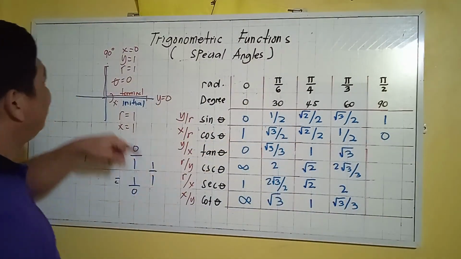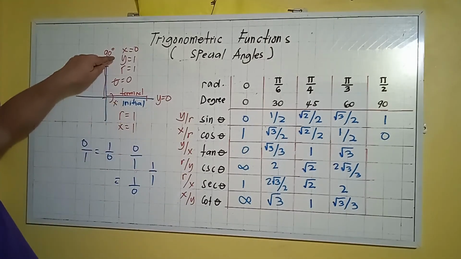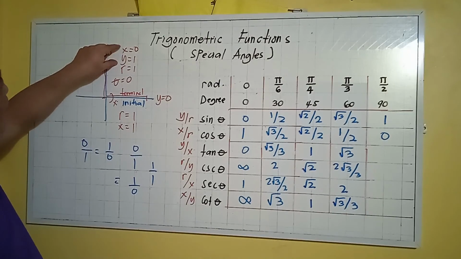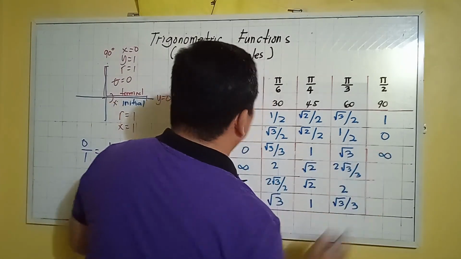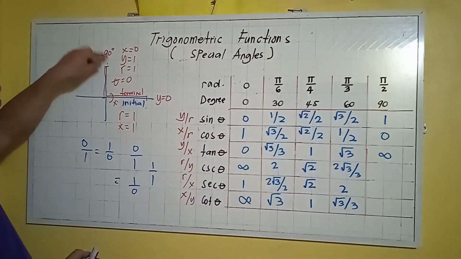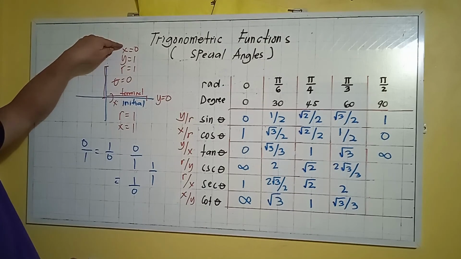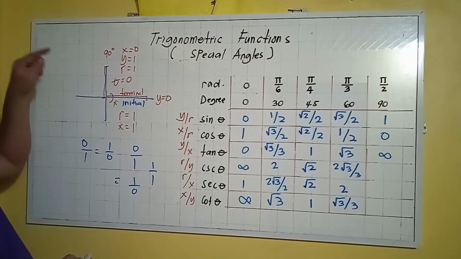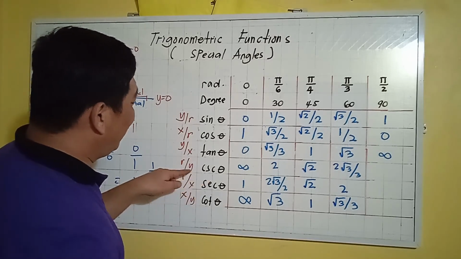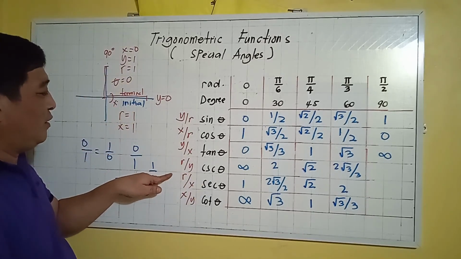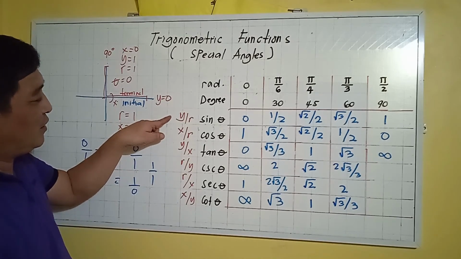Now, tangent is y over x. Y over x is 1 over 0, that is infinity. Next, this is cosecant theta, the reciprocal of sine.